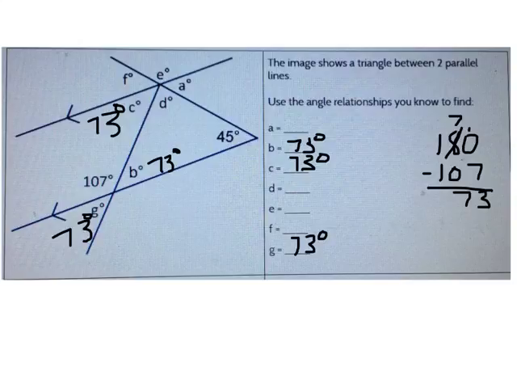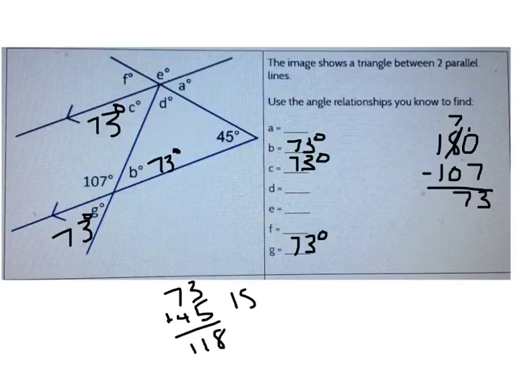Now, I can solve for angle D because it's an interior angle of a triangle. I know that the interior angles of a triangle add up to 180 degrees. So I can add 73 and 45 and subtract from 180 to find angle D. 3 plus 5 is 8. 7 plus 4 is 11.